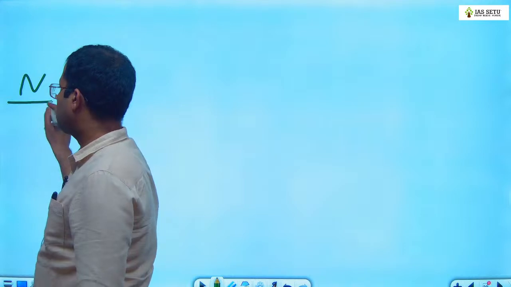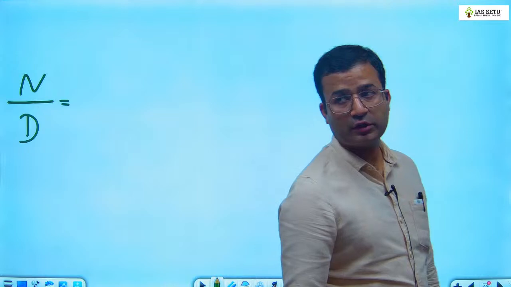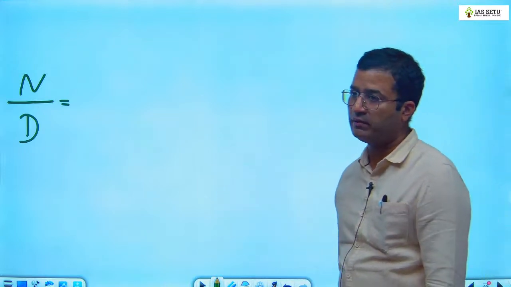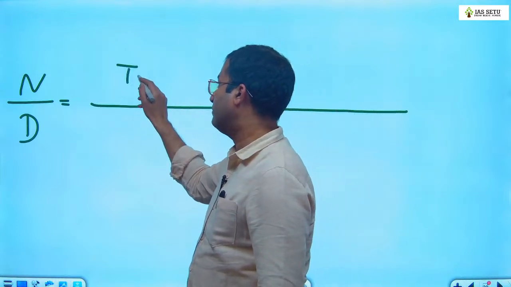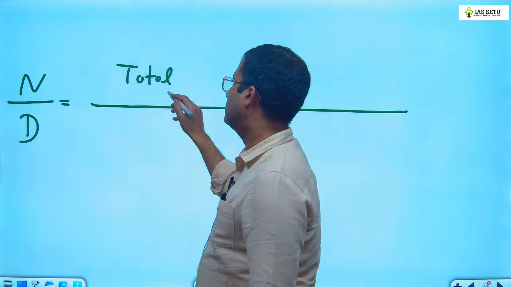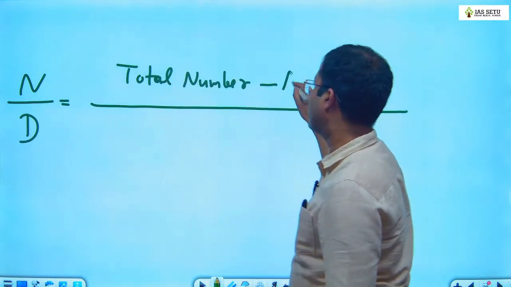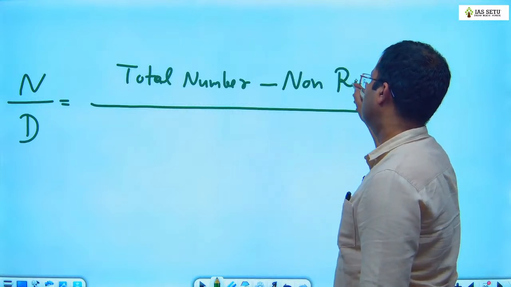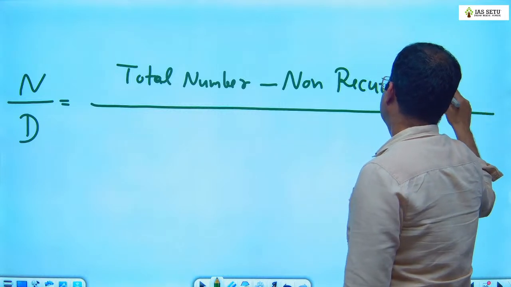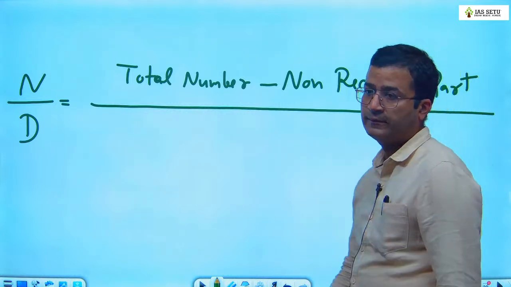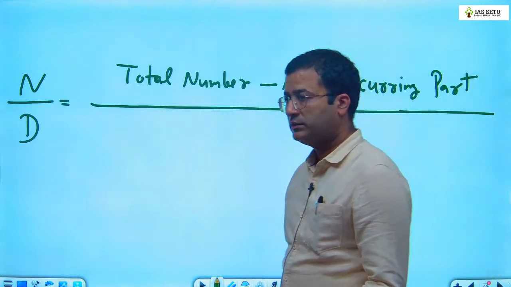Now we write the language. It is applicable for either type 1 question or type 2 question. What is our numerator? Numerator is total number minus non-recurring. Denominator, there are two things.